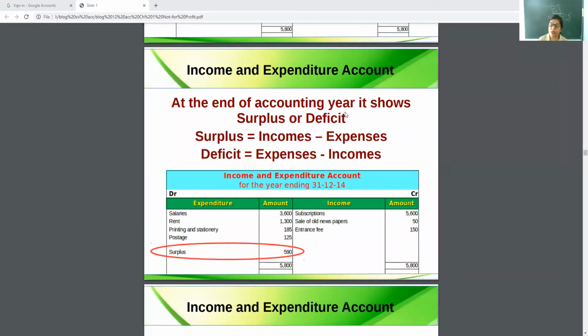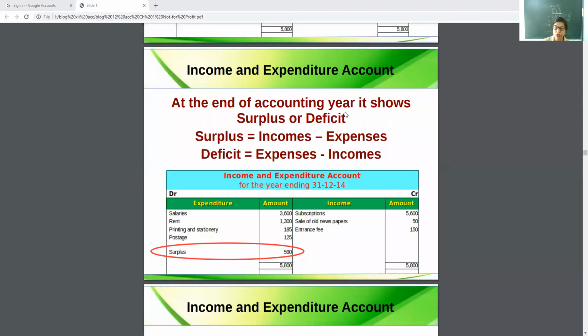It shows the surplus or deficit. As I just explained, surplus means income minus expenses, and deficit means expenses minus income.